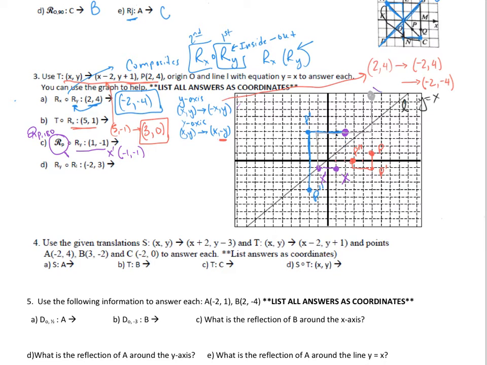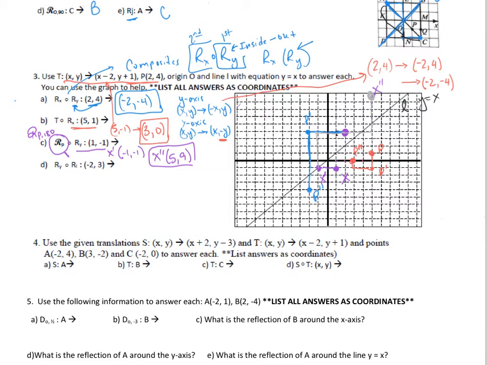So x double prime ends up right there. And this is the coordinate 1, 2, 3, 4, 5, 1, 2, 3, 4, 5, 6, 7, 8, 9. So x double prime ends up at 5, 9.